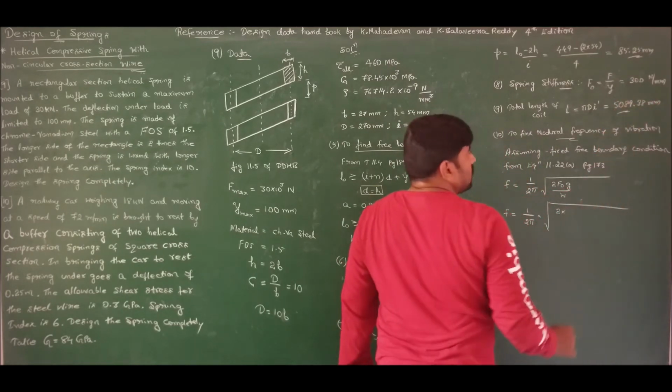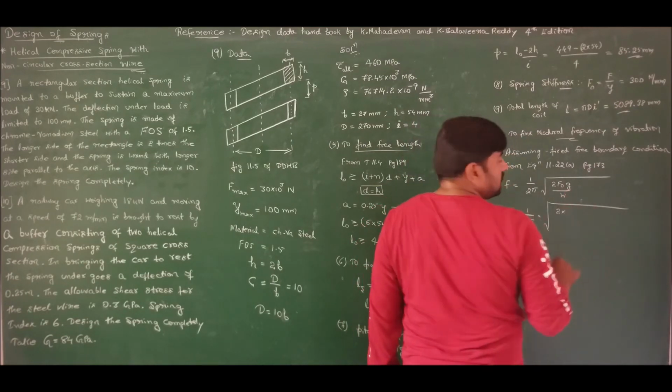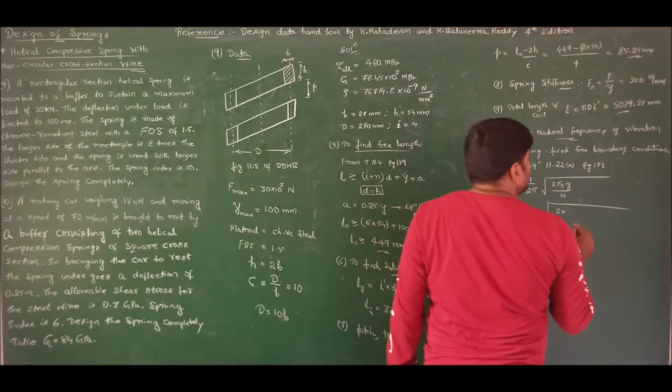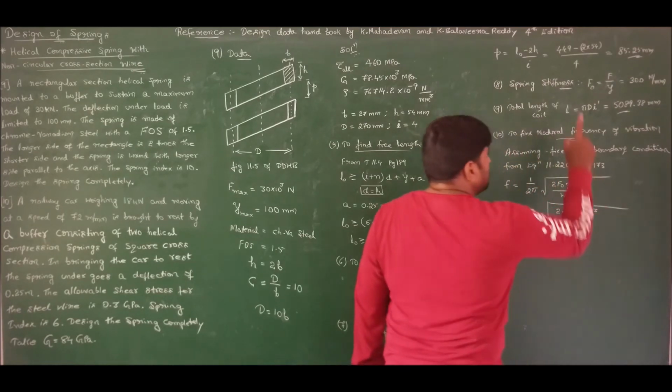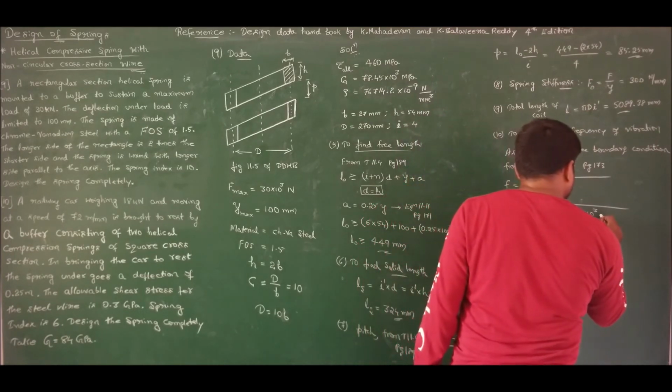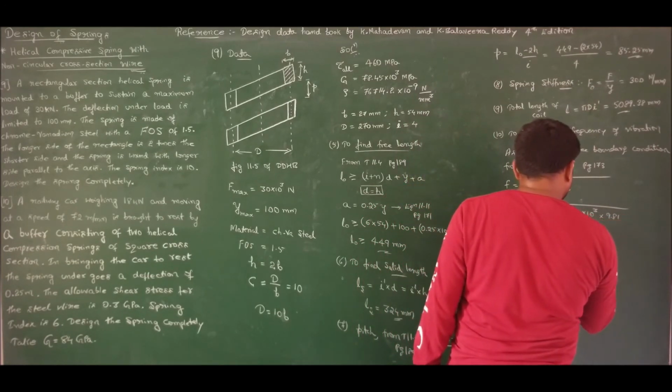F naught should be in newtons per meter because g is in meters per second square, hence it will become 300 into 10 to the power of 3 newtons per meter into g is 9.81, very important.